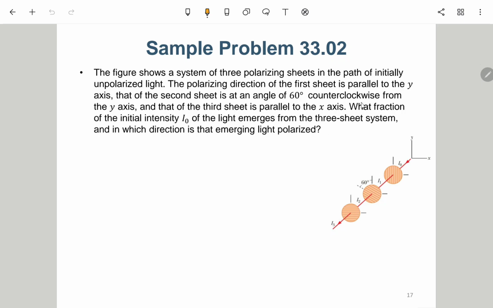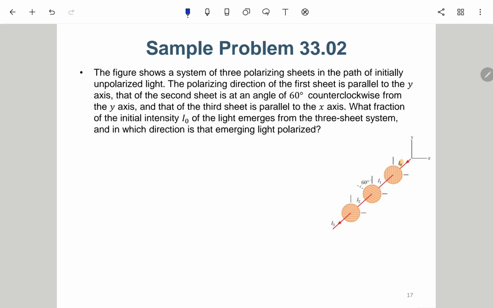What fraction of the initial intensity I0 of the light emerges from the three-filter system, and in which direction is that emerging light polarized?